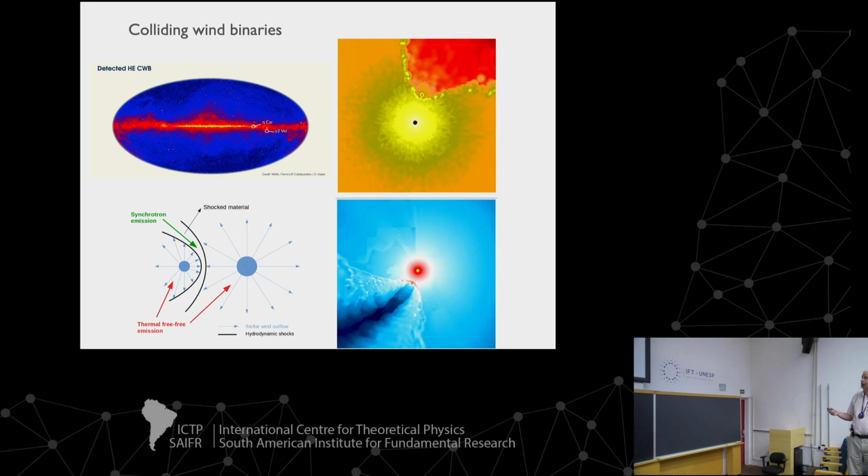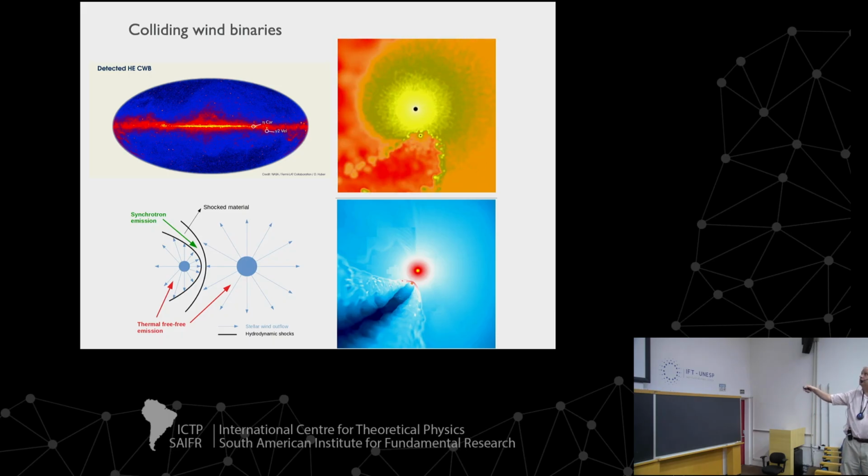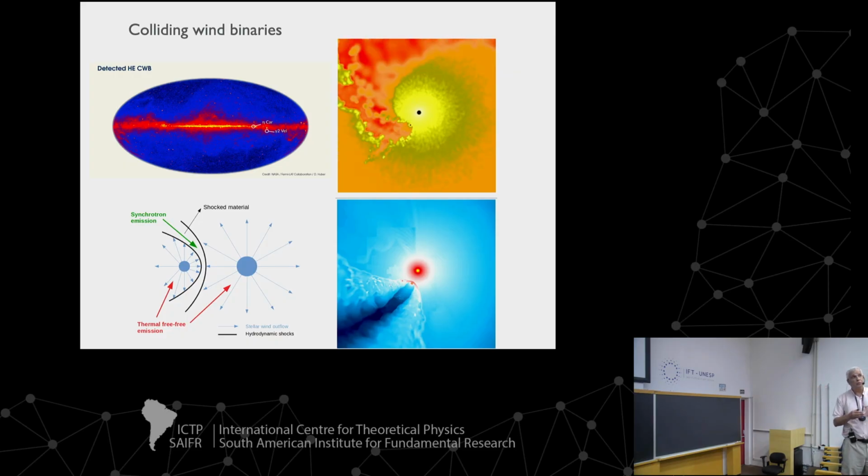And you see that the interaction is quite complex because we have the Coriolis force, you have this cometary tail around the less massive star, and we have this complex boundary layer that is subject to different types of instabilities, Rayleigh-Taylor instability, mostly in this part, and then Kelvin-Helmholtz instability in the region where the flows move with different velocities, as is shown in this other simulation.